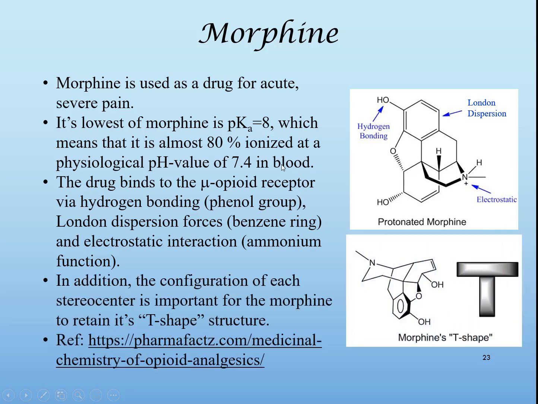In addition to these basic interactions, it's also important to realize that morphine has a T-shape, which is very, very important as well for the functionality of the drug. If one of the stereocenters has a different configuration, the compound does not work as efficiently anymore because the interactions are weaker then.